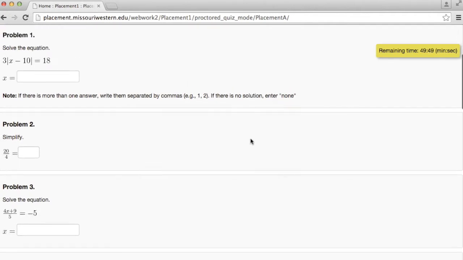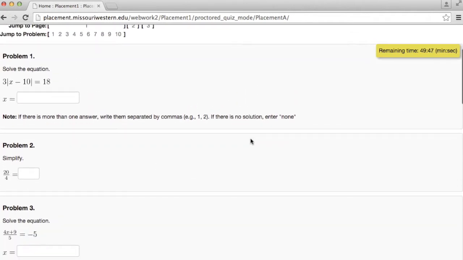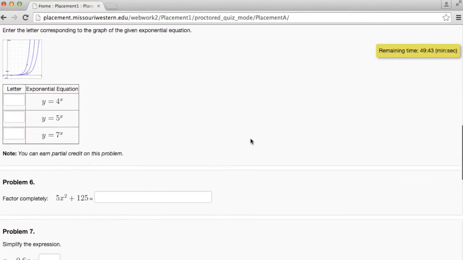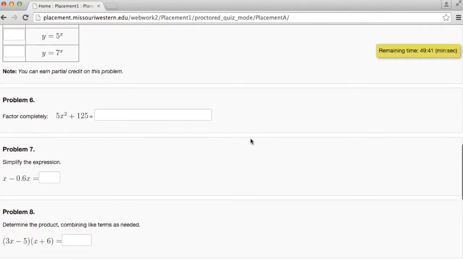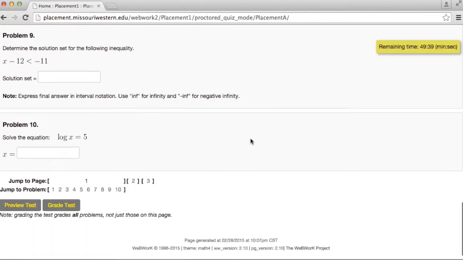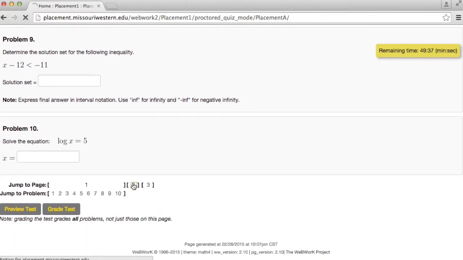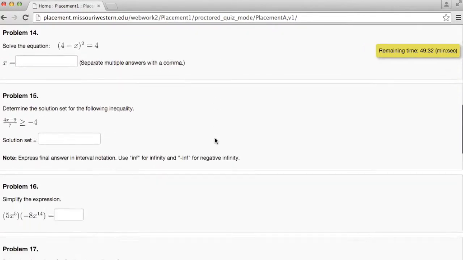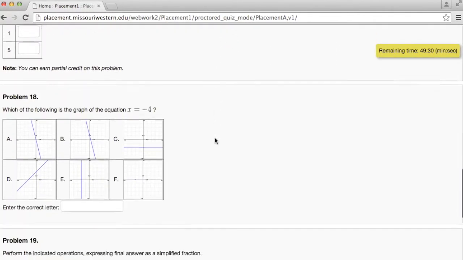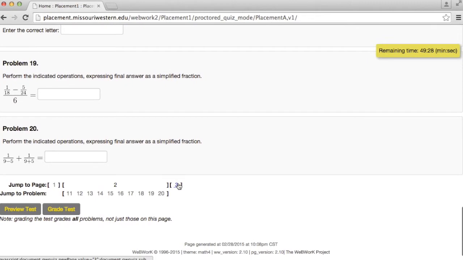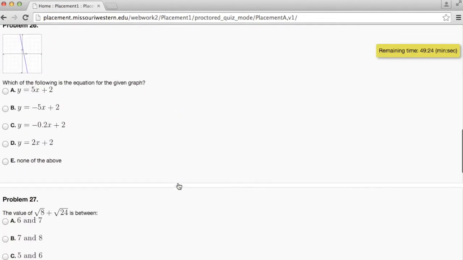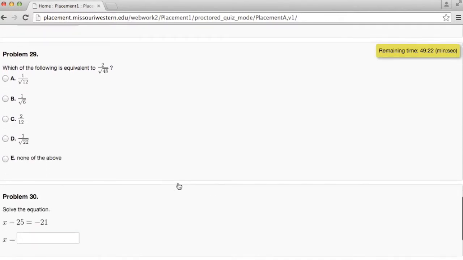The questions are going to be 10 per page, and you can just answer them as you go on. Make sure that you visit all 3 pages and answer all 30 problems. After it's done, you can click Grade Test.